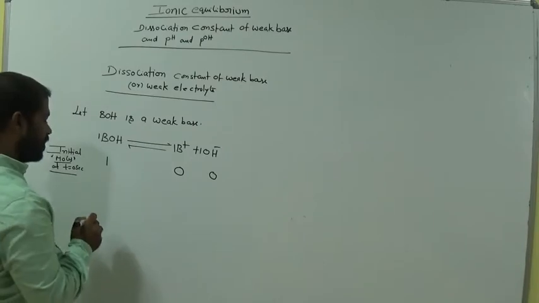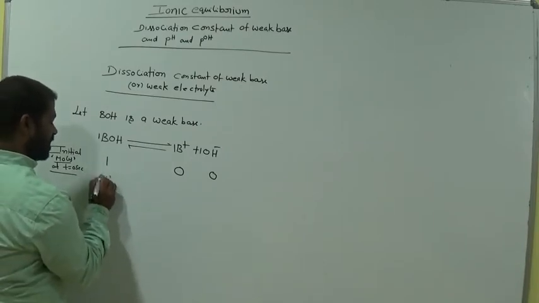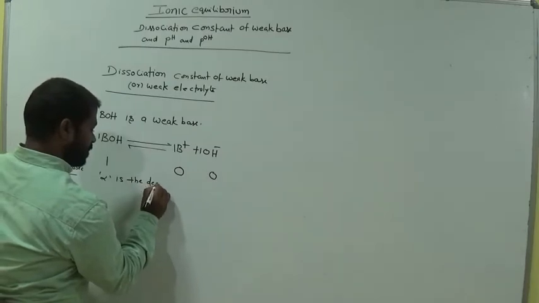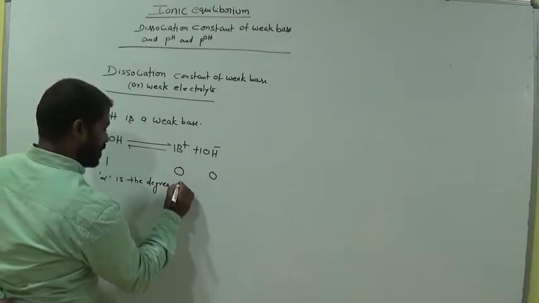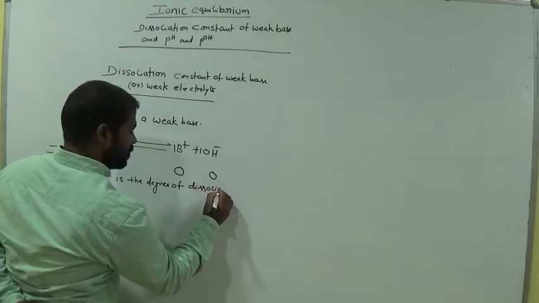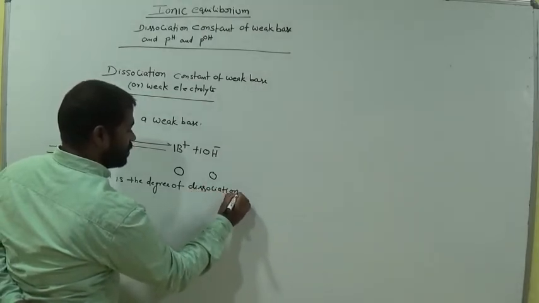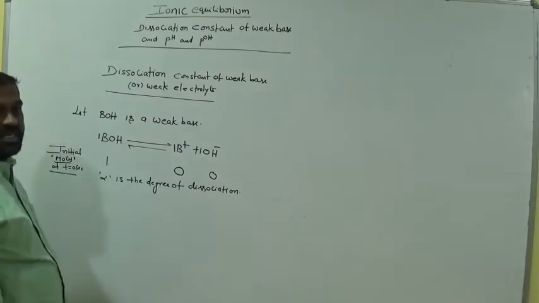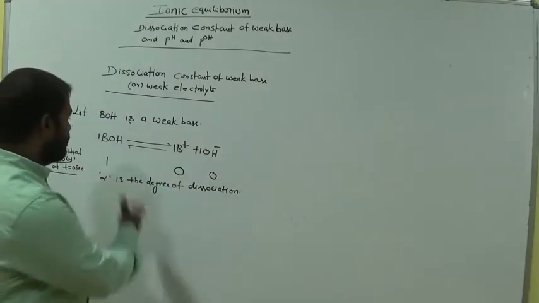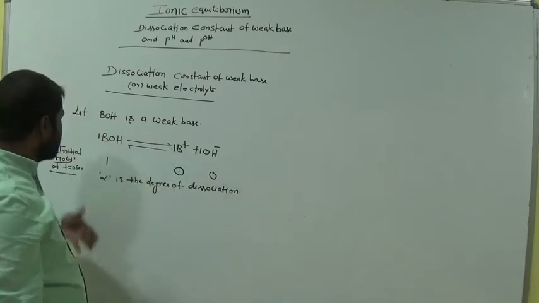Now alpha is the degree of dissociation. That means how many molecules undergo dissociation. It is a weak base.